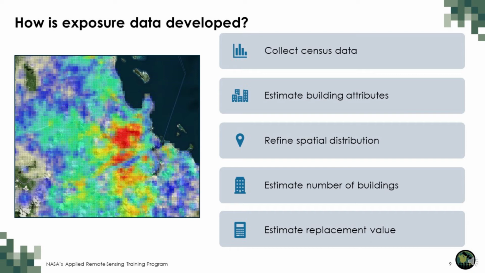What your client, what the end user wants that replacement value to be, whether it's depreciated to current value or takes into account permitting or architectural costs, is essentially up to them. But regardless, what we come up with, working with folks, is the estimated replacement cost per square meter that we multiply out by, ultimately, that estimated amount of building stock.